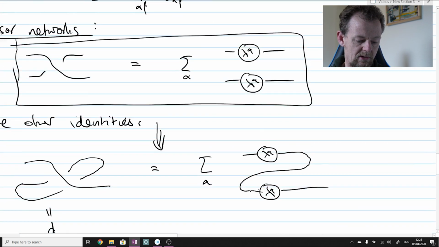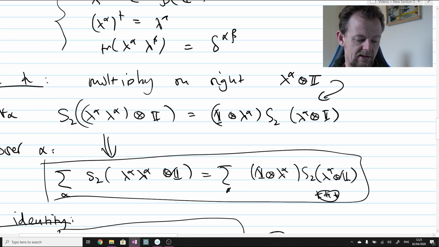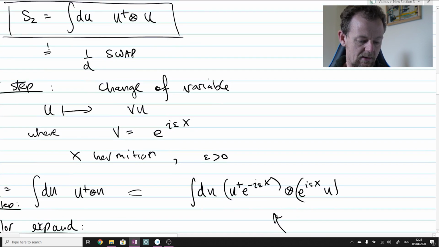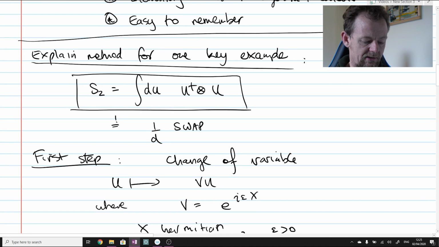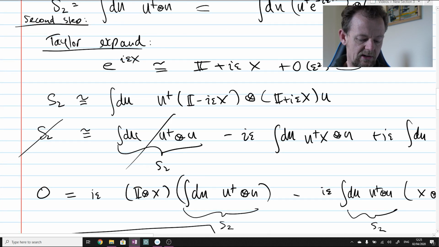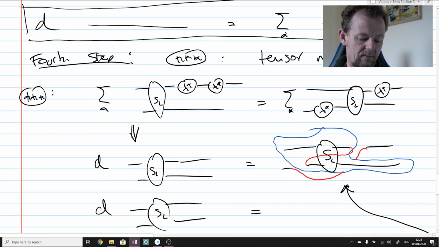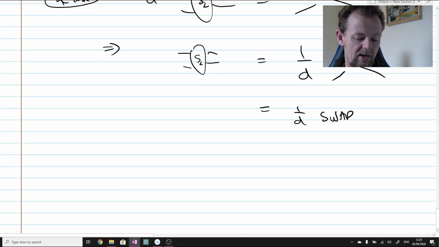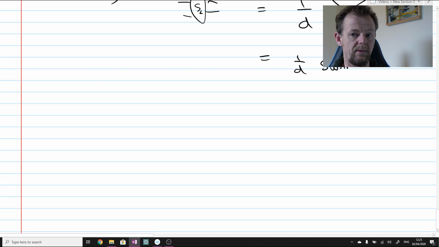So let me just scroll up to see that that's indeed the claimed identity. Yep, there it is. S2 was meant to equal 1 over D times swap. And we've just shown that using the properties of the Haar measure, calculus, and some linear algebra.